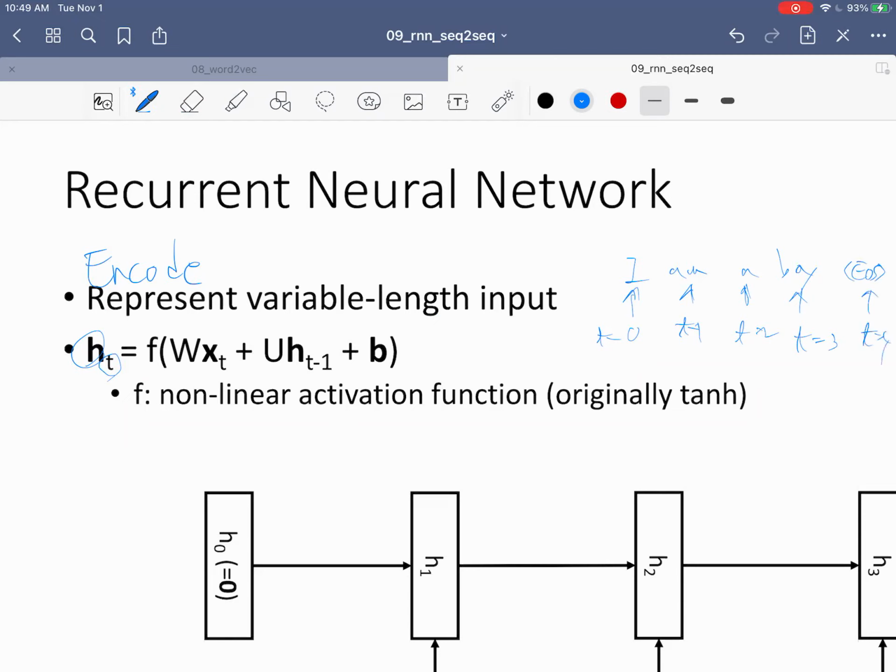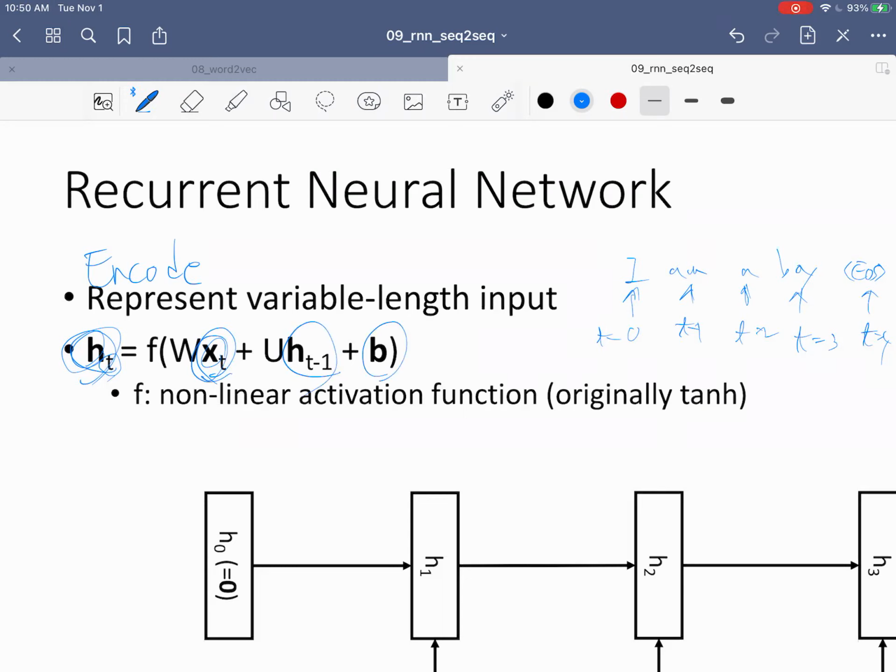So T is the time step index, and H is the hidden layer. X is your input, so X_t is your input at the t-th time step. H is your hidden layer, or you can call it a memory, because an RNN basically memorizes all the inputs so far. So your current hidden layer is updated by your current input, your previous hidden layer, and the bias, and that's it.